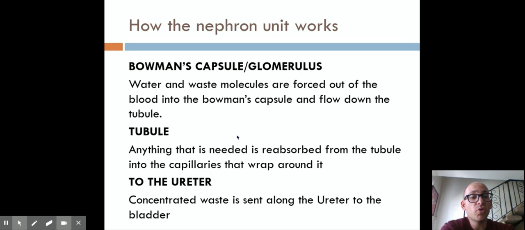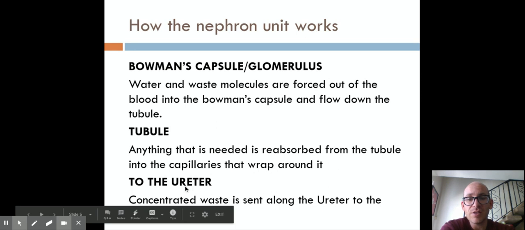That's why when you drink a lot, you end up peeing a lot out, right? Because your body recognizes we don't need all of this. We don't need to reabsorb it. Whereas if you are super dehydrated, you don't pee very much because all of that stuff that's ending up in the bladder gets pulled back into the bloodstream because you need it. Okay, so that's the tubule. That's where the reabsorption happens.